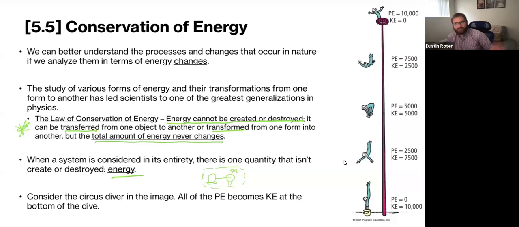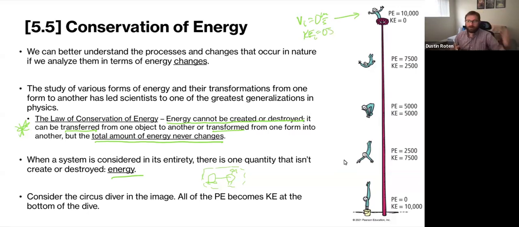We'll think about this with this circus diver over here in the image. You'll notice that this diver starts with all potential energy. Totally makes sense. The dude's not falling, so he has no kinetic energy. His initial velocity is 0 meters per second. His initial kinetic energy, 0 joules.